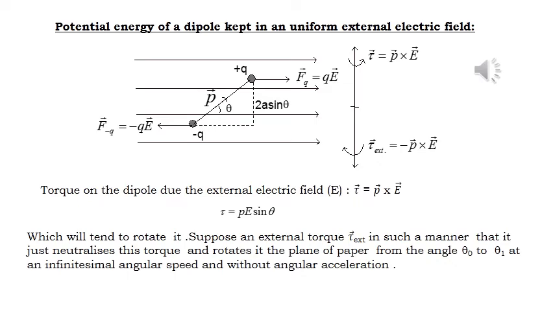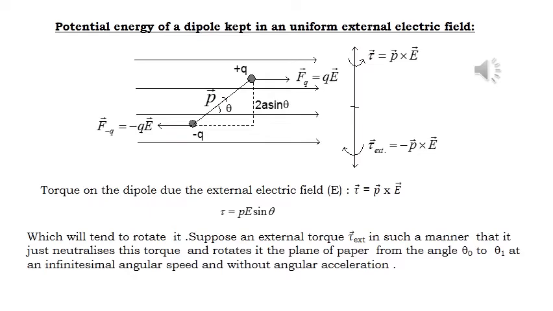So minus Q and plus Q constitute a dipole with a dipole moment vector P in the direction of minus Q to plus Q. The angle between the dipole moment vector and the electric field, as per the figure, is theta, and 2a sin theta is the perpendicular distance between the two forces acting at the two charges minus Q and plus Q due to the external electric field. So the torque applies in a vertically upward direction, and the rotation is in the anti-clockwise direction.